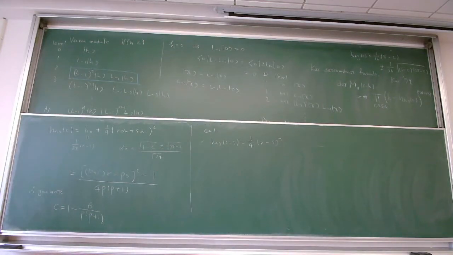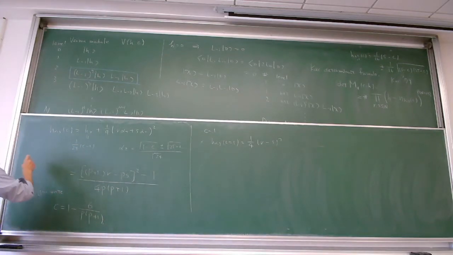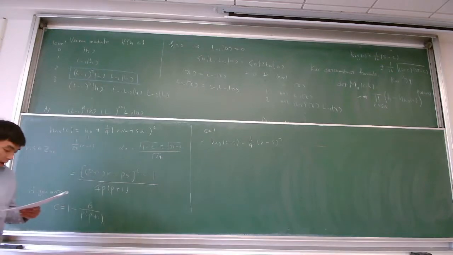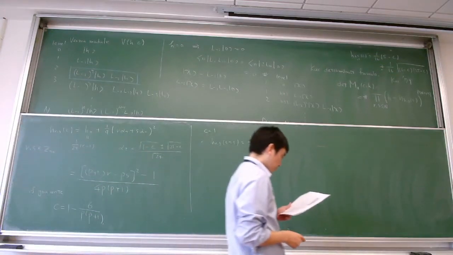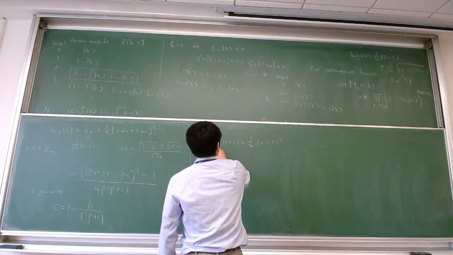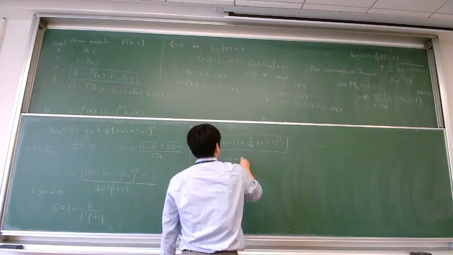So everything is quadratic, and we assume that r and s here are positive integers. So when this condition is satisfied, a null state will show up.